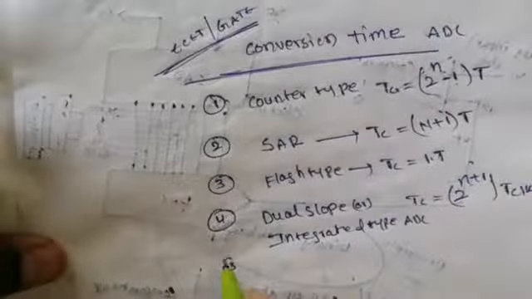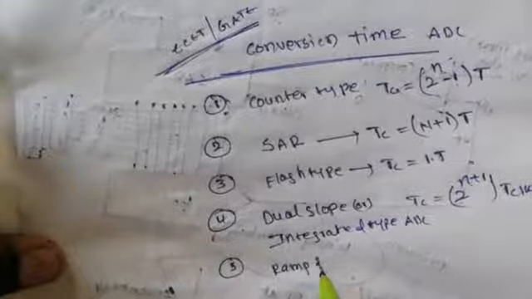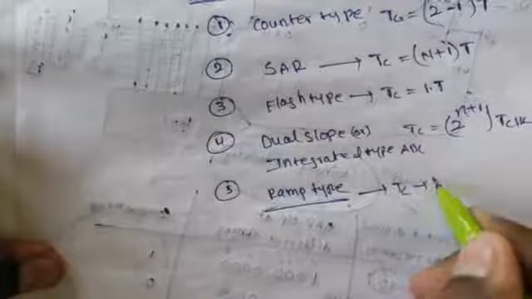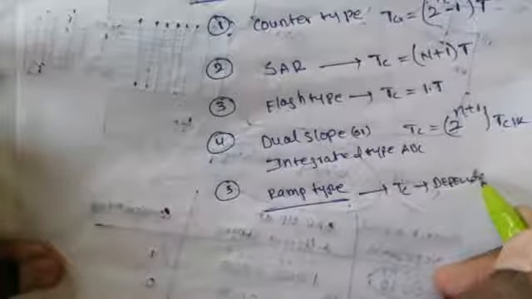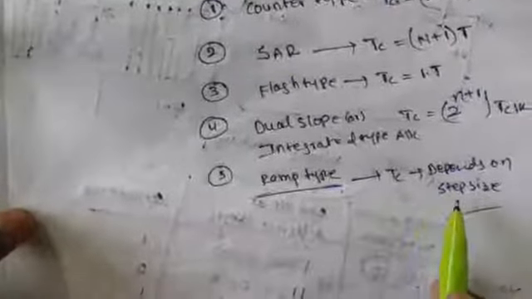And coming to the fifth one, we have discussed ramp type. In this ramp type, the conversion time depends on step size. It will not be defined directly. Why? Because in a ramp signal, we don't know how many steps we will consider. That's why we have to discuss step size, and depending on that the conversion time will be obtained.